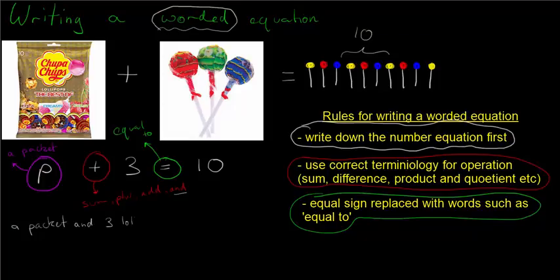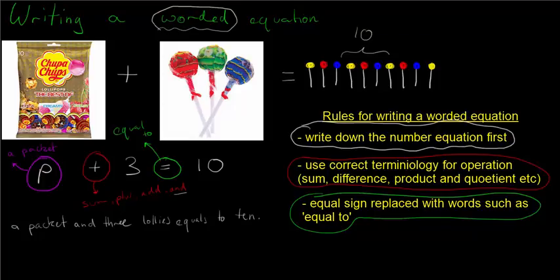I can use the written word 3, so I'm just writing down 3 as in the word 3, and 3 lollies. And then remember, instead of the equal sign, we just say equals to, and what is it equal to? 10. That's done. We've already written our first worded equation from a number equation.